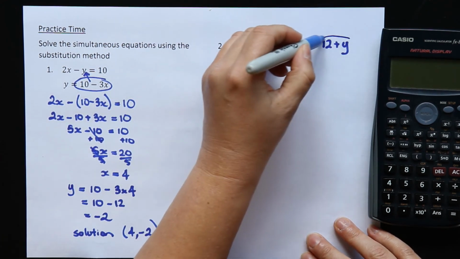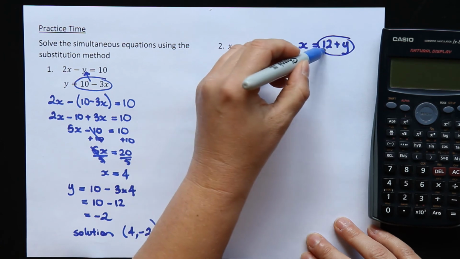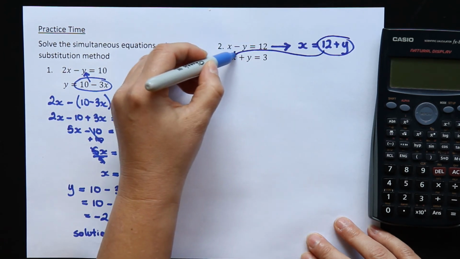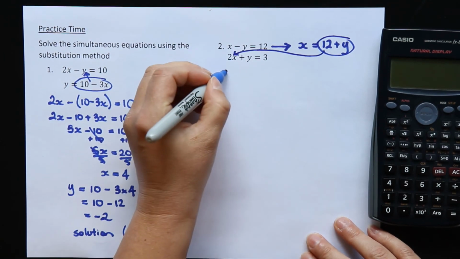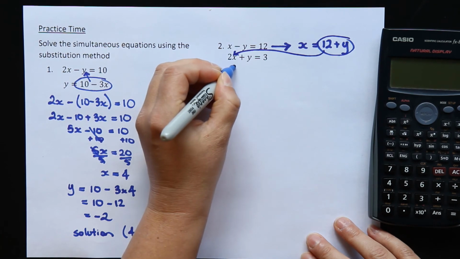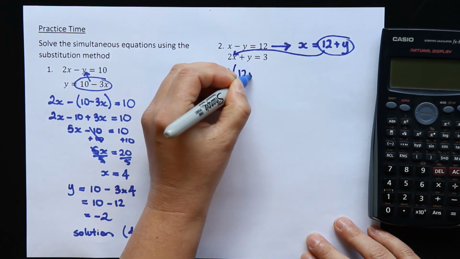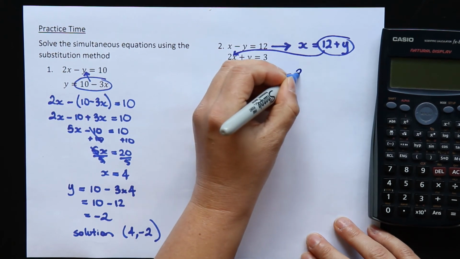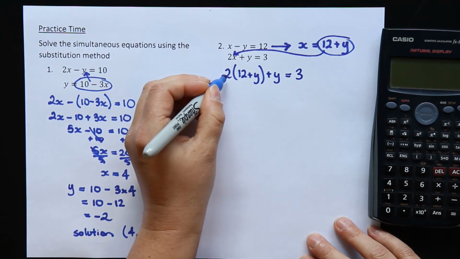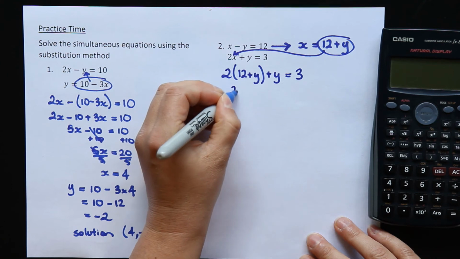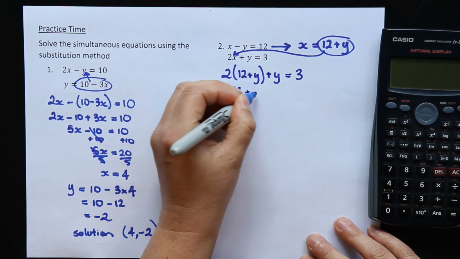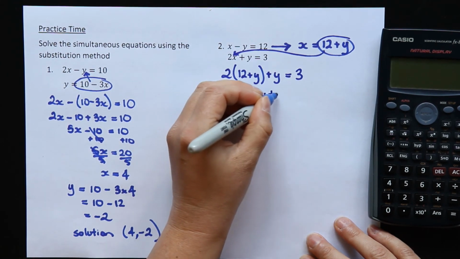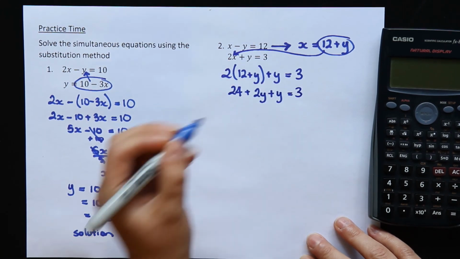x is by itself here, so let's take that and replace it in this second equation. 2x, but x is 12 plus y, is equal to 3. Expanding out, 2 times 12 is 24, plus 2y plus another y equals 3.